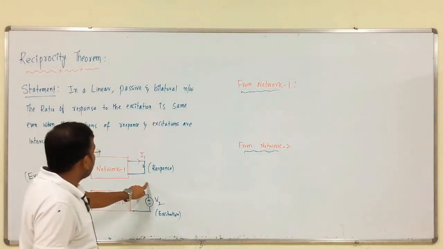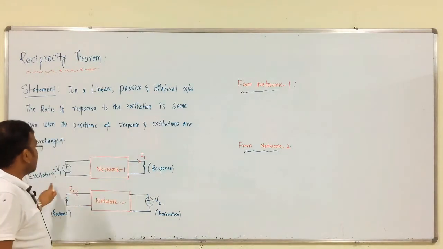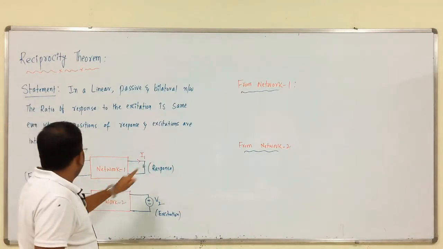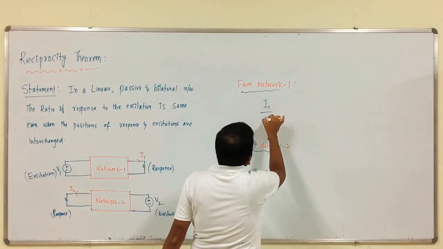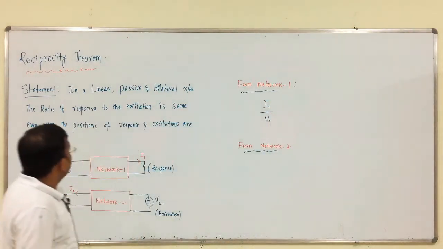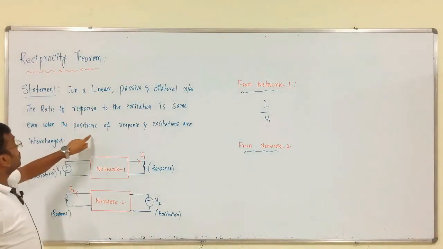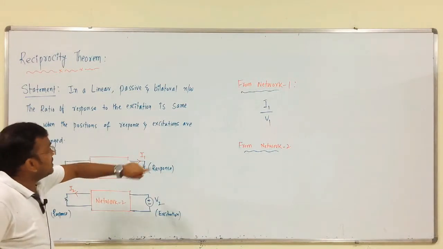So, from this network 1, what is the ratio of response to the excitation? Response is I1, excitation is V1. I1 to the V1 is same even when the positions of response and excitations are interchanged.